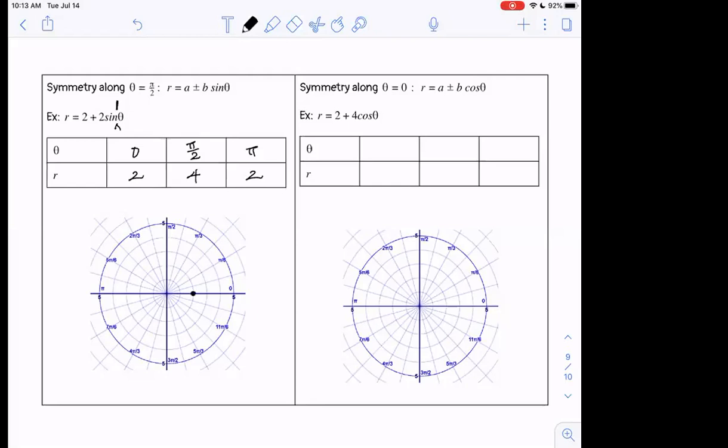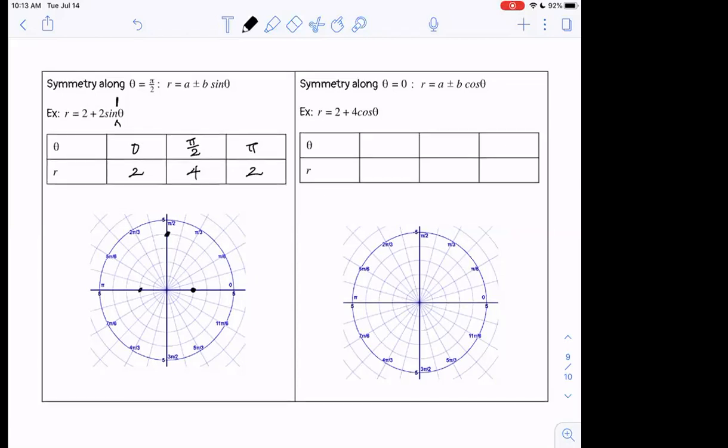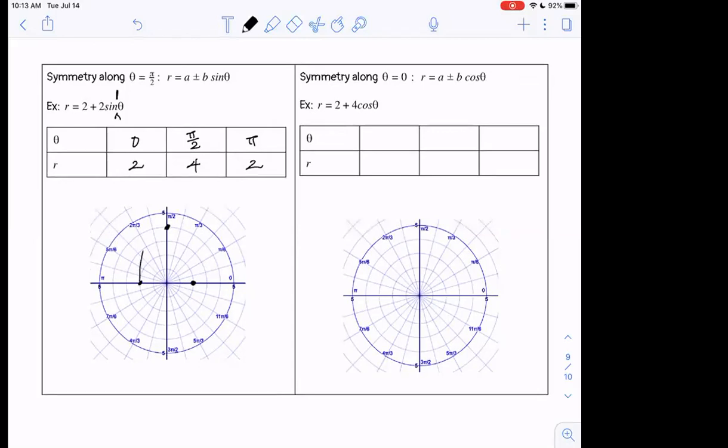At pi over 2, I'm going to go up 4 circles. And at pi, I'm going to go back out 2 circles. Okay. So if we wanted to think about the shape, this part is sort of like the part of every limaçon that's the same, that rounded edge, okay?